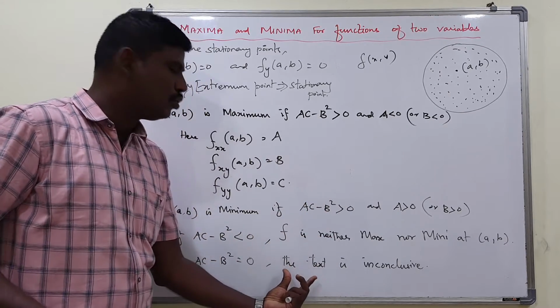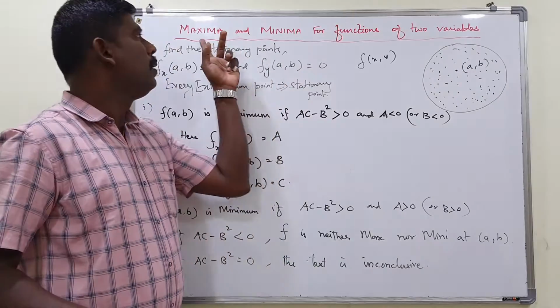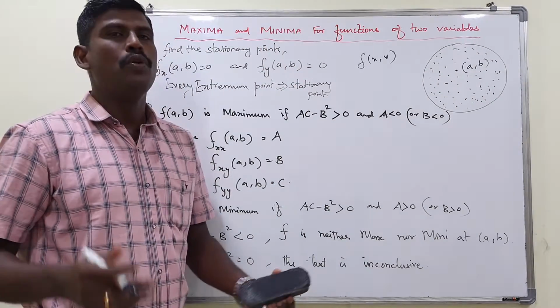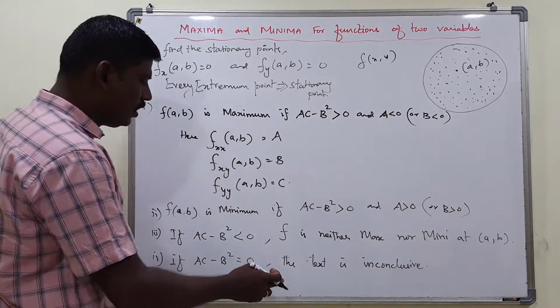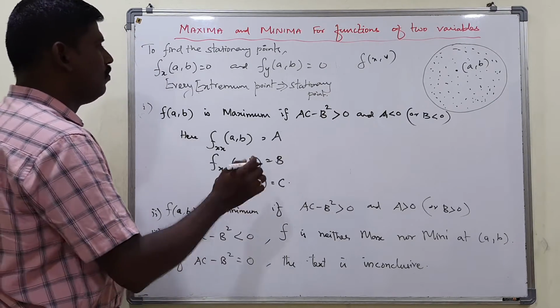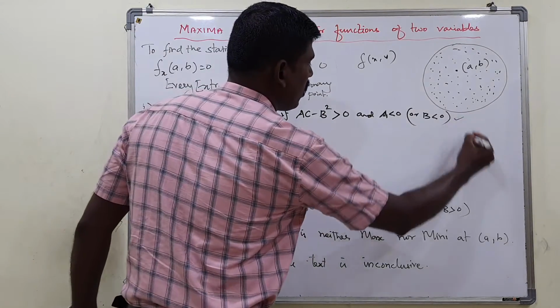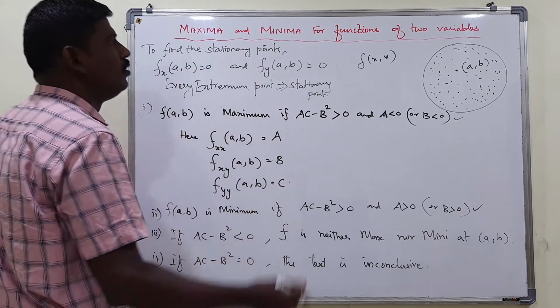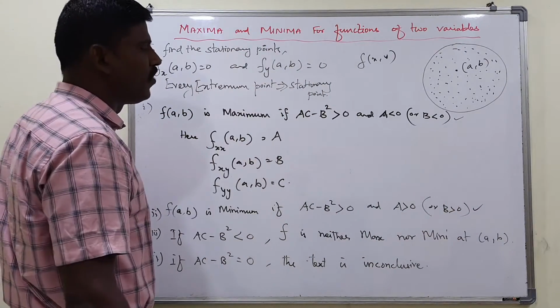This test shows no information about the maxima and minima. That's all. So we focus on the first two alone for maxima and minima of a function of two variables.